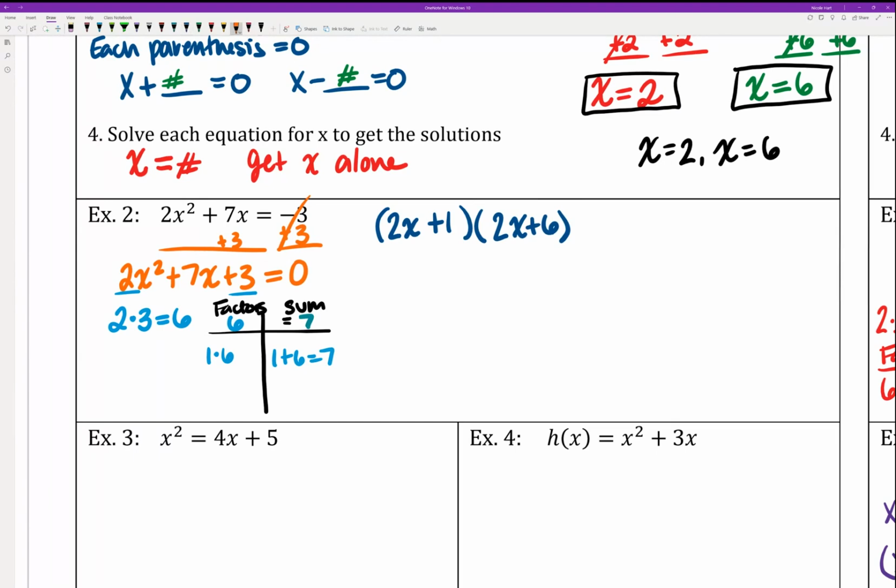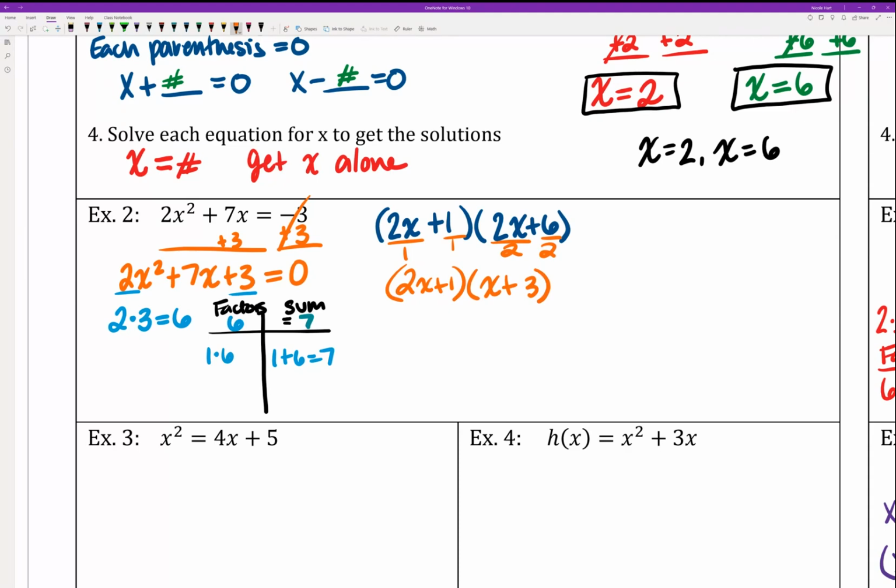And then I'm going to see if I can divide out a GCF from either set of parentheses. 2 and 1 has a GCF of 1, so if I divide that, I still end up with 2x plus 1. But if I divide 2 and 6 by a GCF, they have a GCF of 2, and that leaves me with x plus 3.